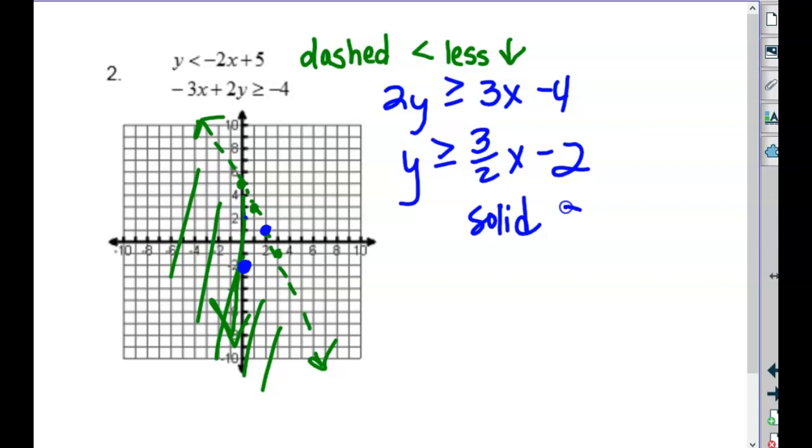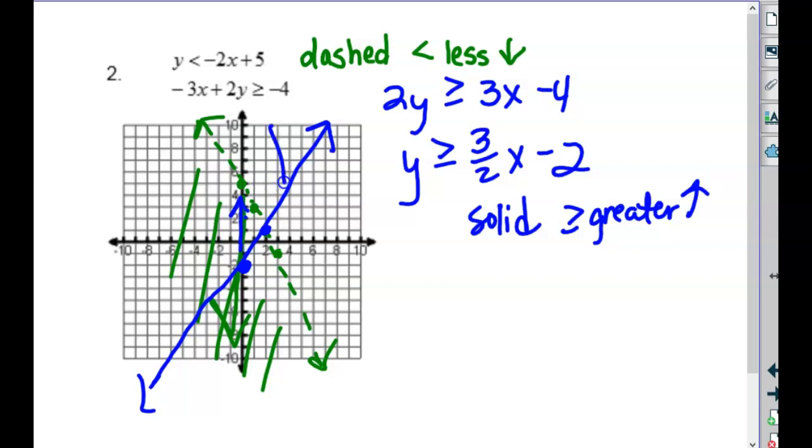Solid, and this one is a greater than or equal to, so I shade up. Now again, that is above where the y-axis is pointing, above this line, so it's this way. So the area that is double shaded would be that, I think. Is everybody agreeing on that?